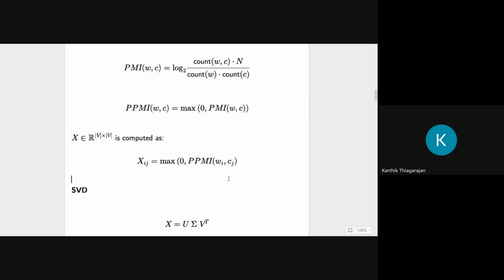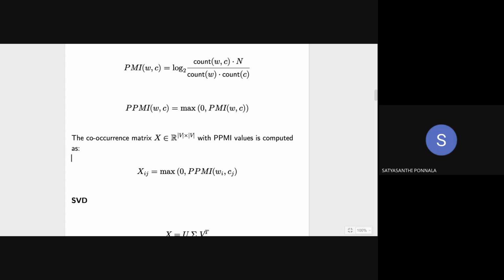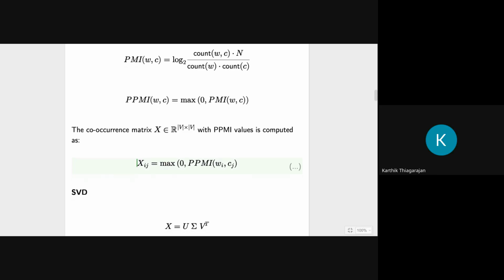Given a corpus and the vocabulary, you construct this PPMI matrix, the co-occurrence matrix with PPMI values. Every element of this matrix represents a PPMI value. That is how you construct X.